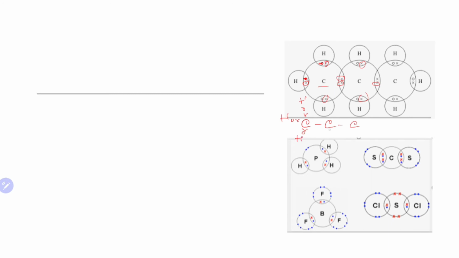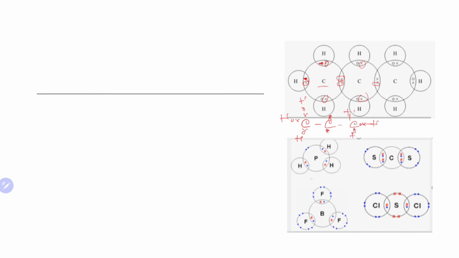For the second carbon, the rest is 2 electrons and needs 2 hydrogen, and the last carbon with 3 pairs from carbon and hydrogen.